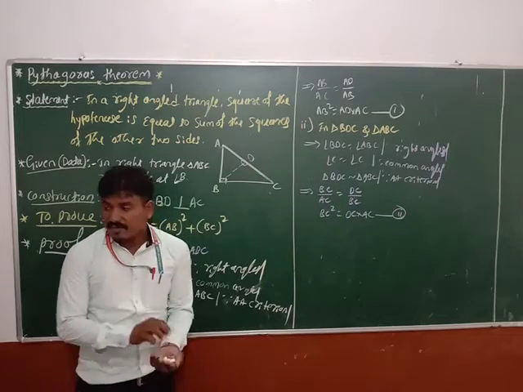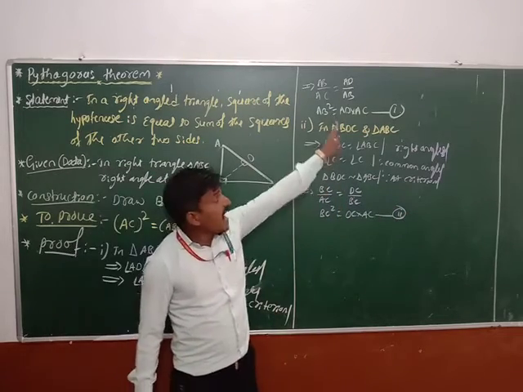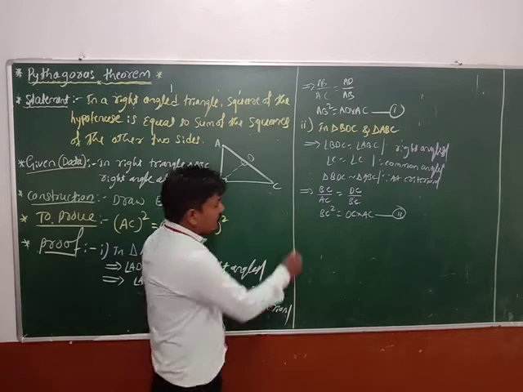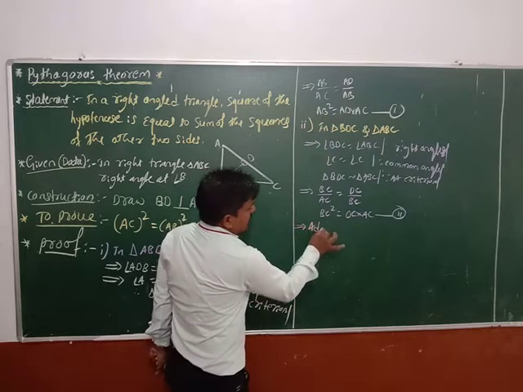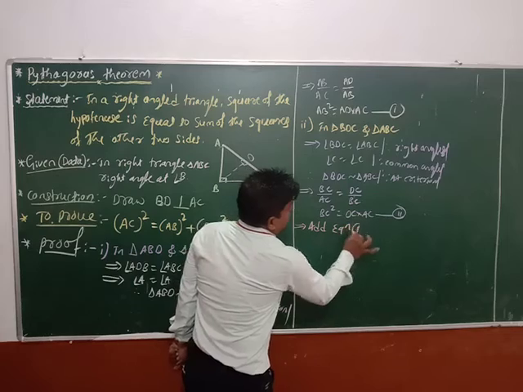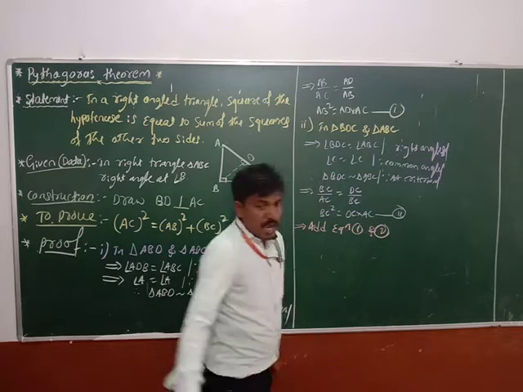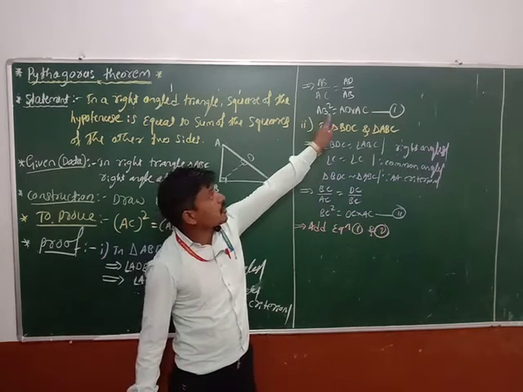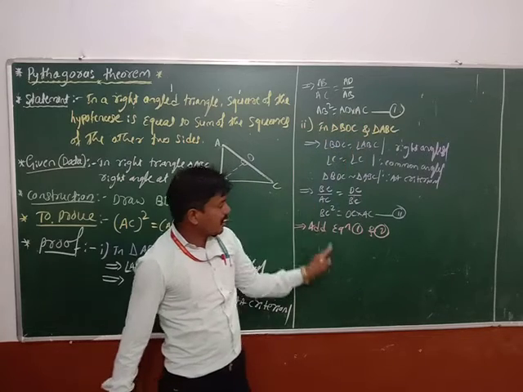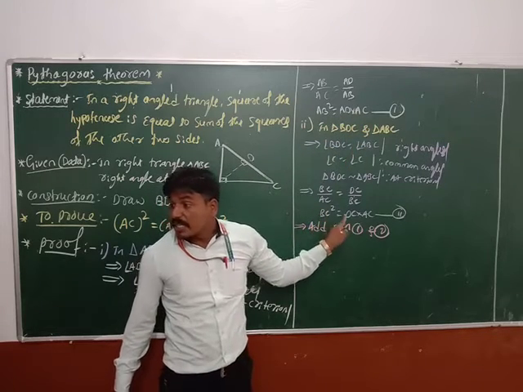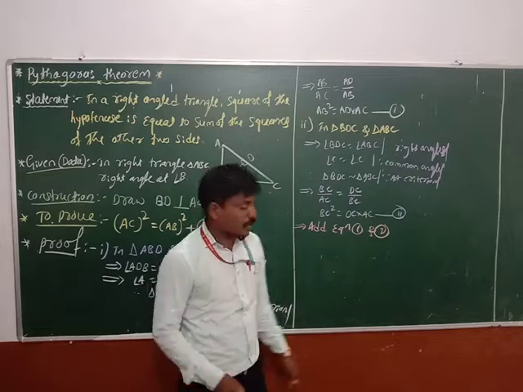Sir, what next? Our next step is to add equation 1 and 2. Our first equation is AB square is equal to AD into AC. Our second equation is BC square is equal to DC into AC. So you can add both.